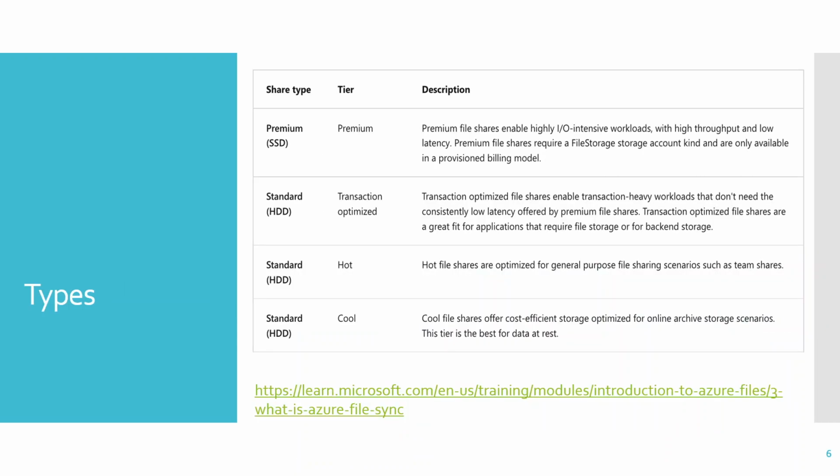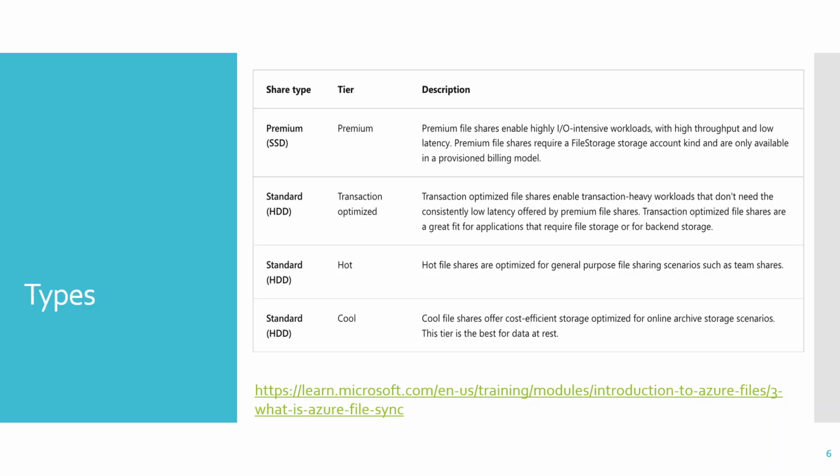Now there are different types available within Azure file share, and that is again based on tiers. There are basically two tiers possible in Azure file share, premium and standard.